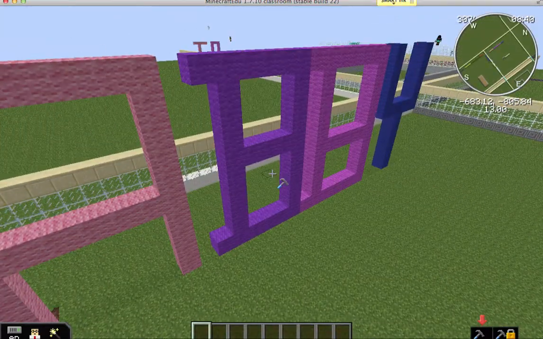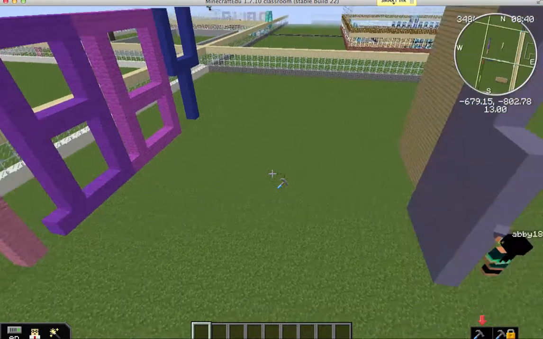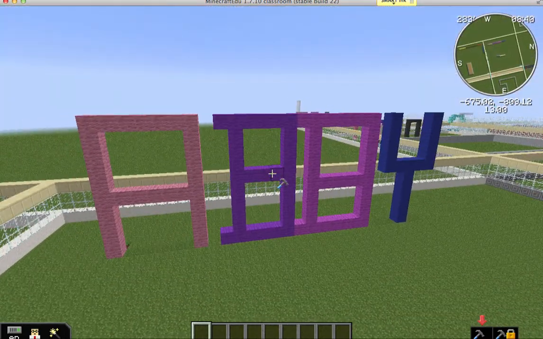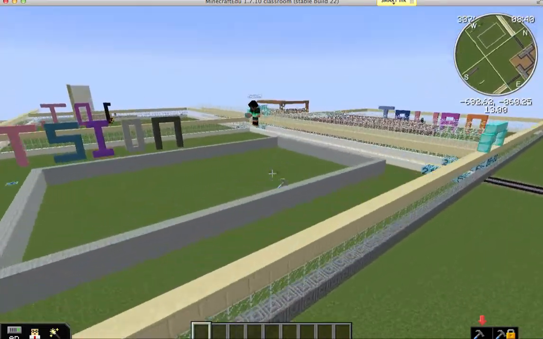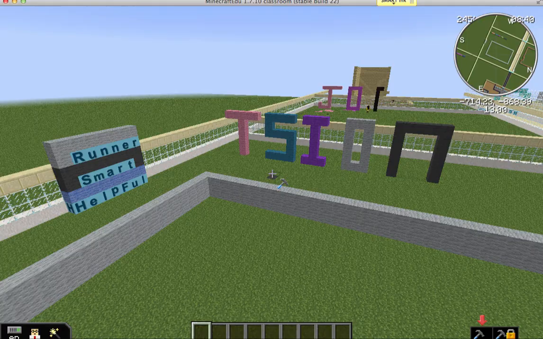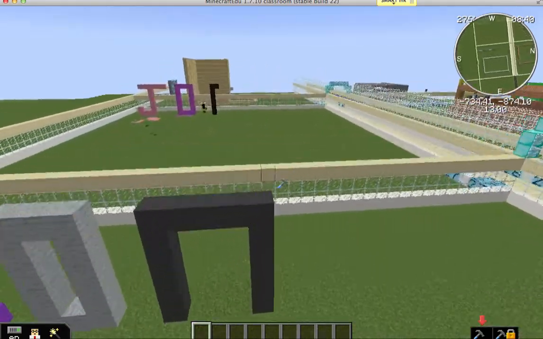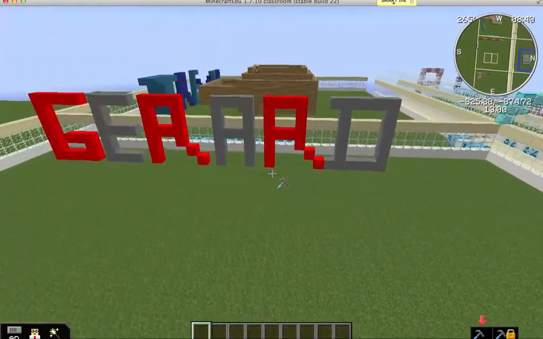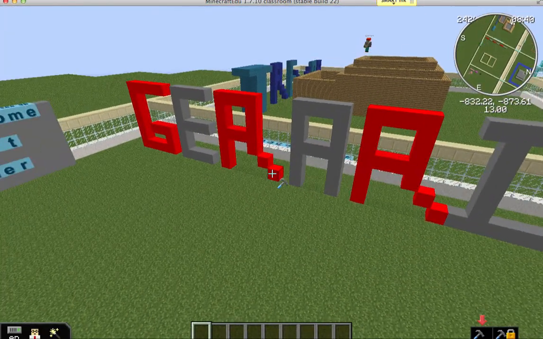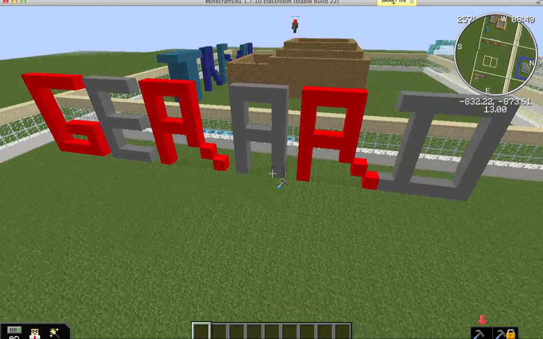So this is a student who's never played Minecraft before. We talked about adding serifs to a font, so you can make an 8 look like a B by just adding the little hooks. Some good problem solving techniques. I like how students choose their patterns for their letters.